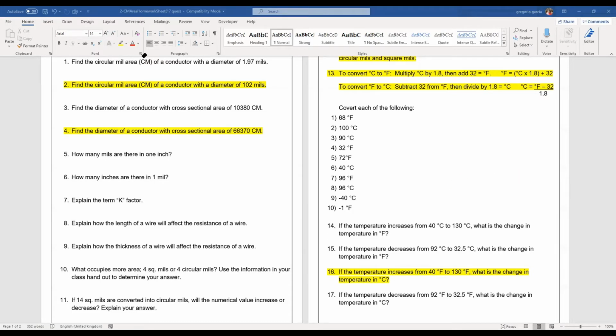Let me put it this way. Let's say that in Fahrenheit I have 32 Fahrenheit. You know that 32 Fahrenheit is equal to 0 Celsius, right? And we have 212 Fahrenheit, and that is equal to 100 Celsius. Now, this is 0 Celsius, and this is 100 Celsius.